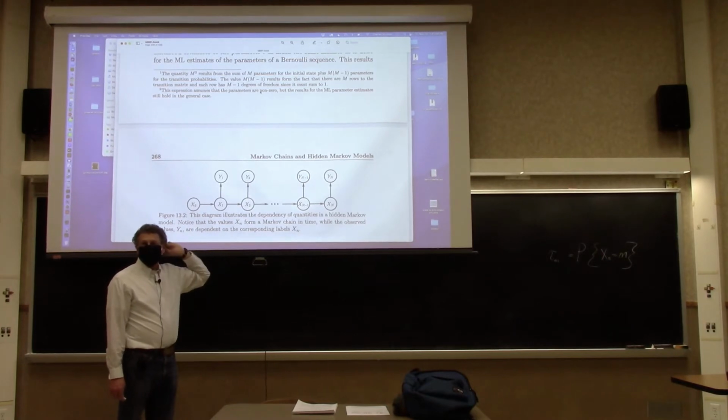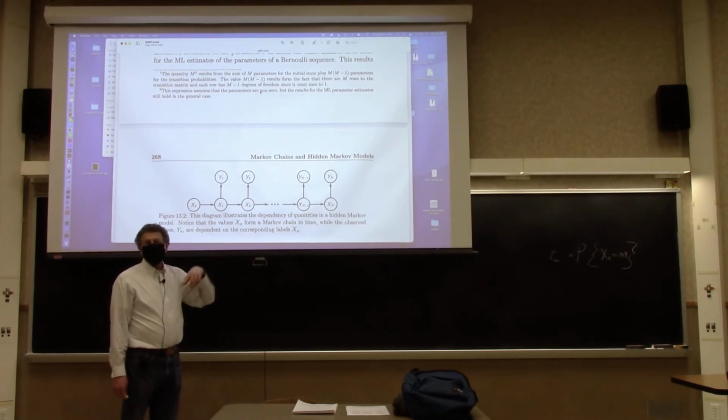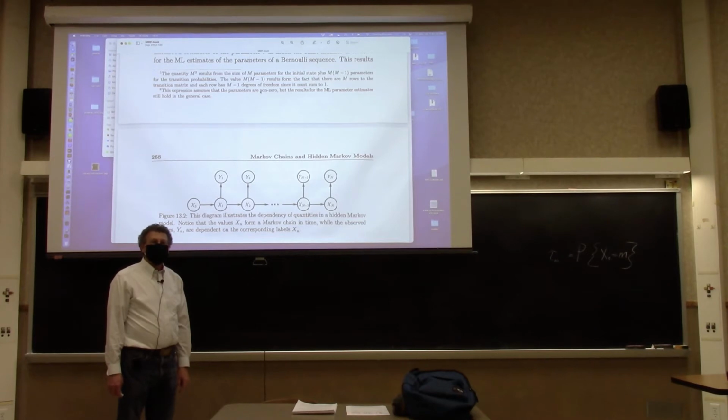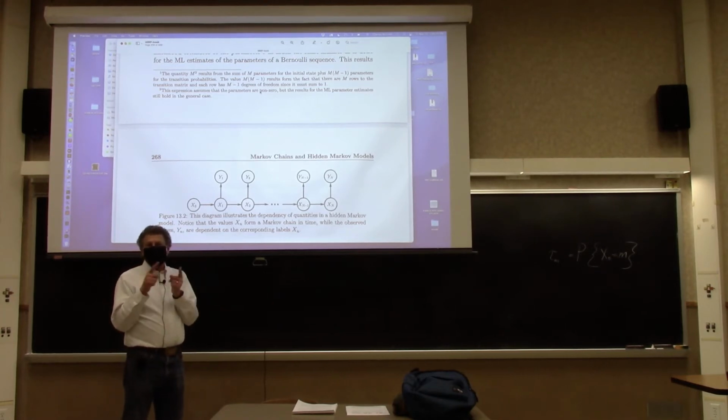Do you know how to generate a random variable with that probability distribution? How would you actually do it, if you had to do it in MATLAB, say? You could do uniform 0 to 1 and threshold. Yeah, you take a uniform random variable between 0 and 1, and you threshold.